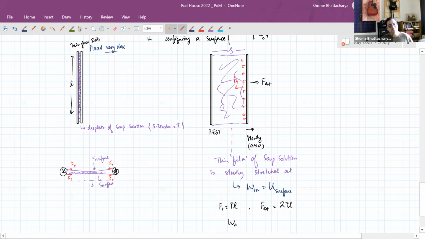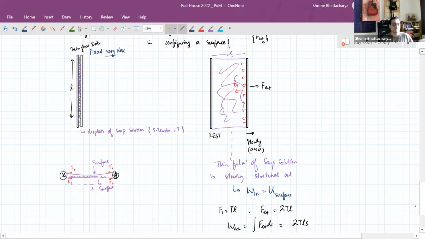So the work done by the external agent is this. A constant amount of force, as the surface tensional force is not increasing or decreasing.